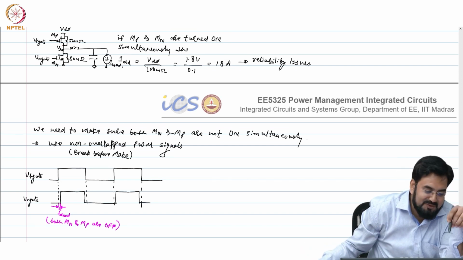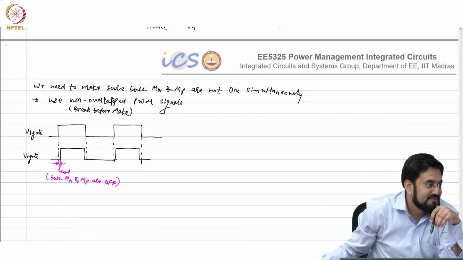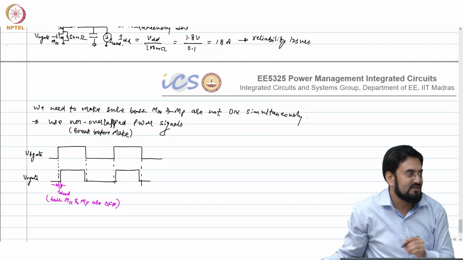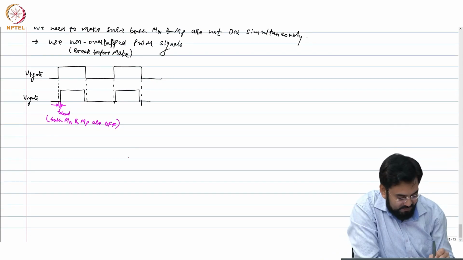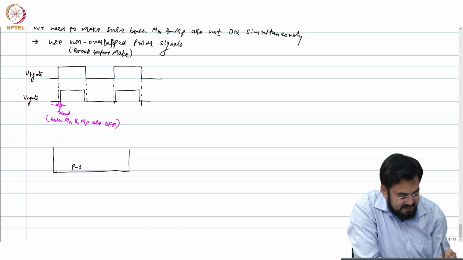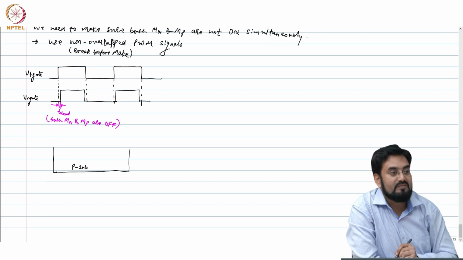No, it will flow through the diode. There is a hidden diode here, the body diode. I'll show you. So this is your P substrate, correct?